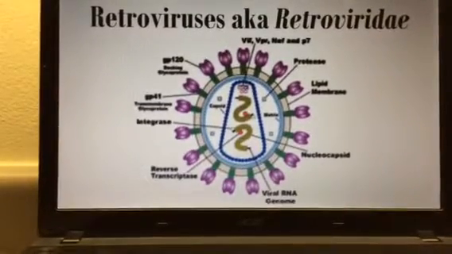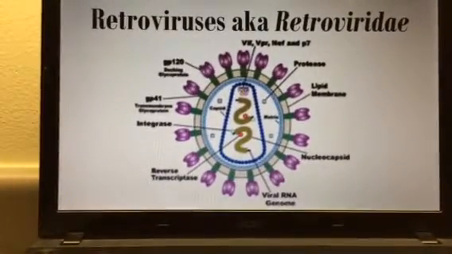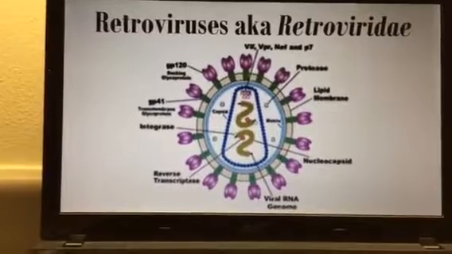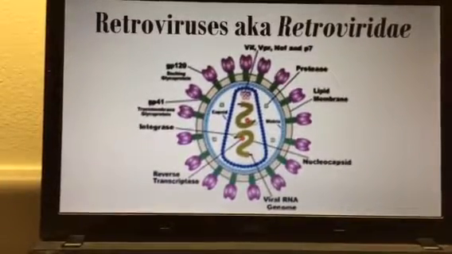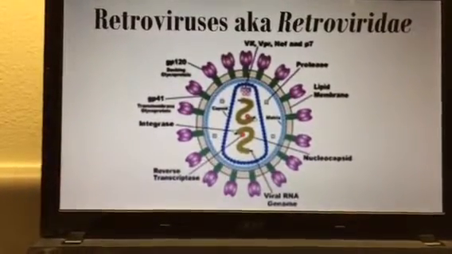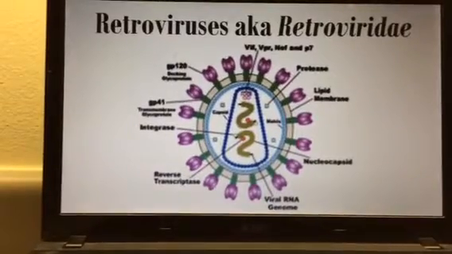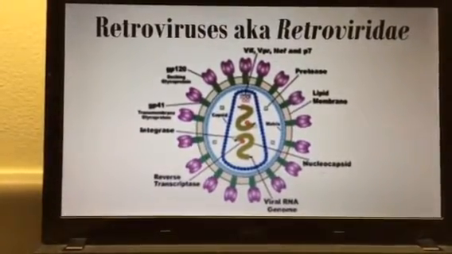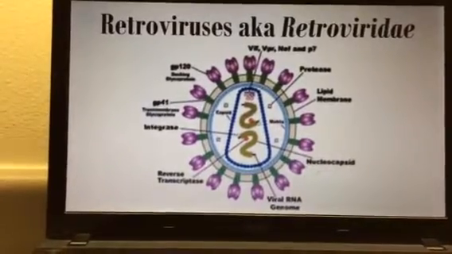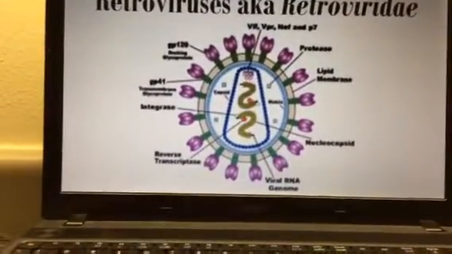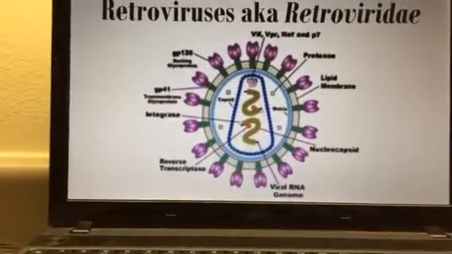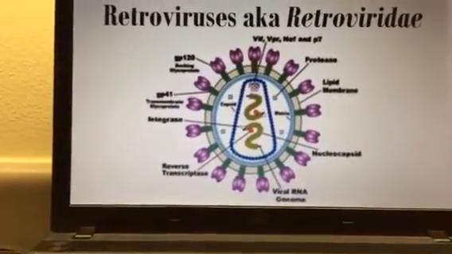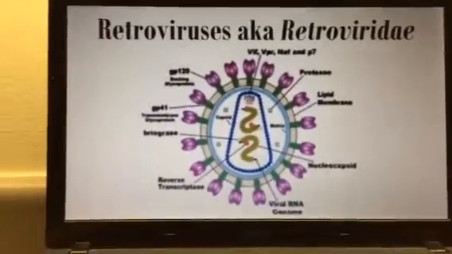Viral RNA is created each time the host cell transcribes into DNA. And this can happen more than once. It can happen 1, 2, 3, 4, 5 times, however many times that it transcribes.